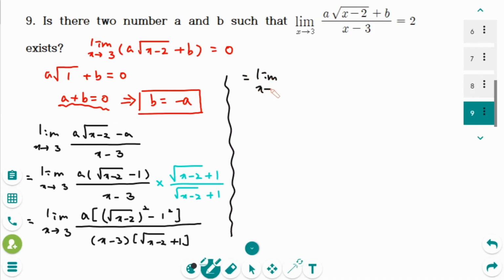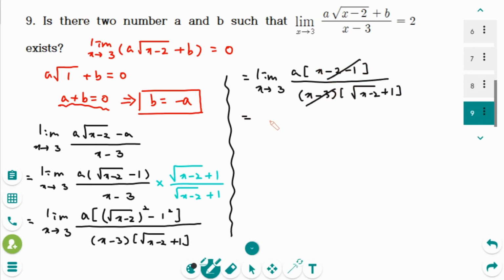Equals, expand the numerator: (x − 2 − 1) over (x − 3)(√(x−2) + 1). And then cancel the common factor, which is x − 3, x − 3. So this one is left over.